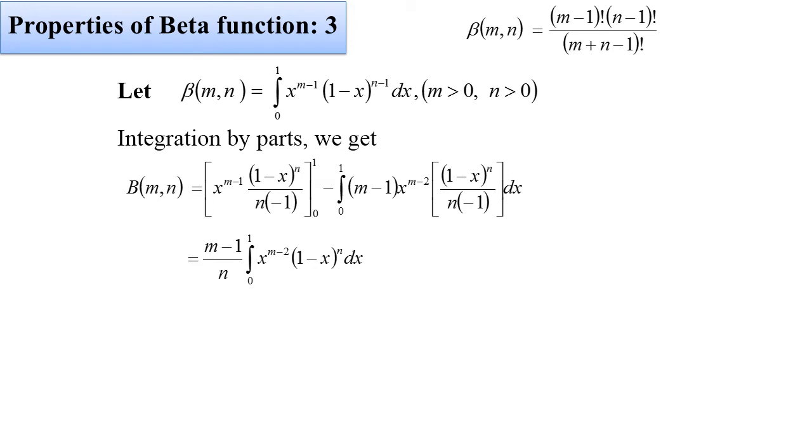From the first part of the integral we get 0, and from the second part we get (m minus 1) upon n, which we take outside, times the integral from 0 to 1 of x to the power m minus 2, times 1 minus x to the power n, dx.